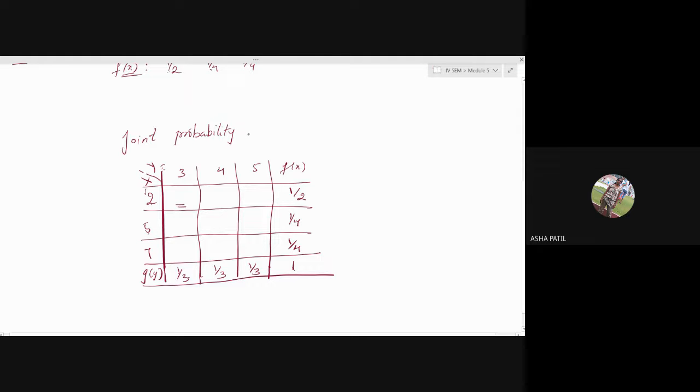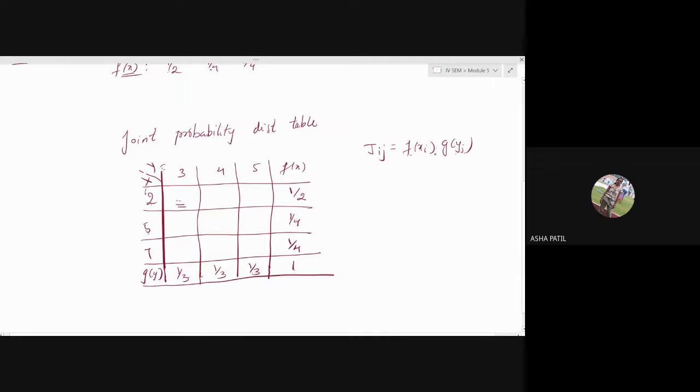Now we have independent. P of xy is equal to f of x into g of y. Then your x and y are said to be independent random variables. Jij denotes the joint probability distribution of xi and yj.